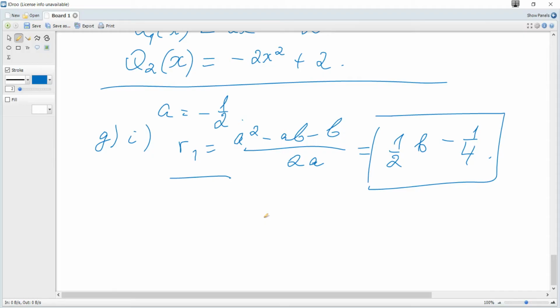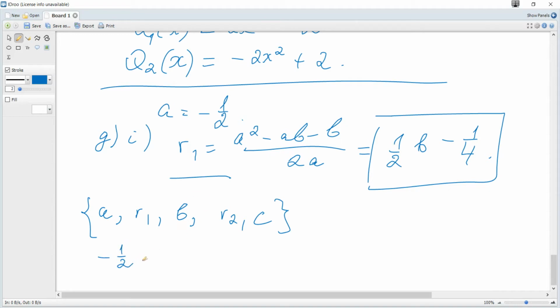Give your answers in the form negative p plus minus q root s over 2, where p and q and s are positive integers. 5 marks. So we need b and c.